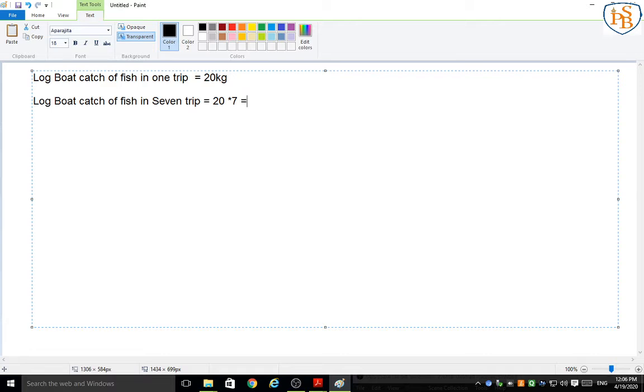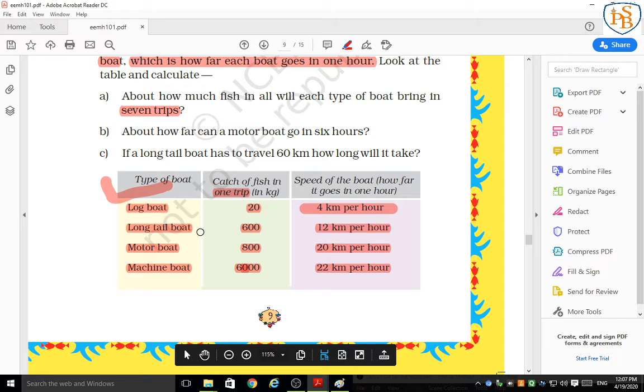Everyone, you know the table of 20, correct? 20 sevens are what? 20 sevens are 140 kg. So the log boat catches 140 kilogram of fish in 7 trips. Understood, students? Like that, we found out about log boat.